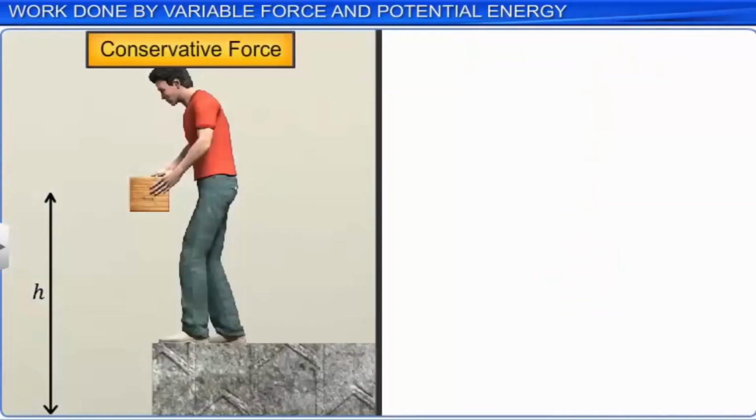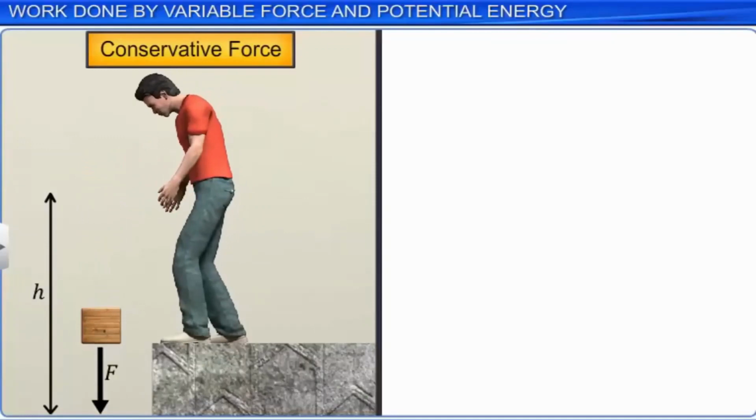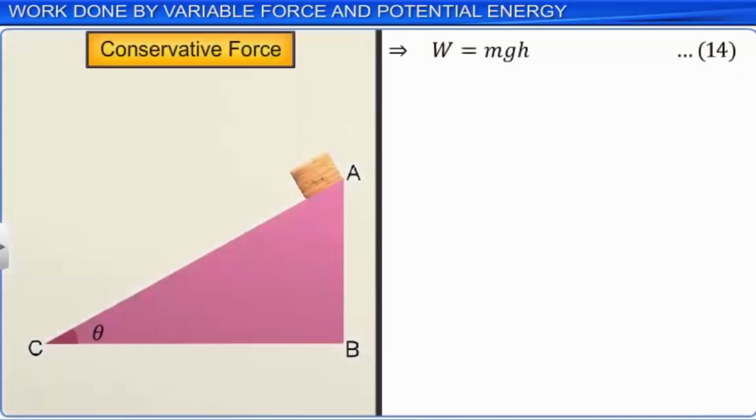Let's try to understand these forces. We see that when a box is dropped from a certain height, the work done by gravity on the box is mgh. When the same box slides down the smooth inclined plane at an inclination of theta with the horizontal, the force acting down along the incline is mg sin theta.